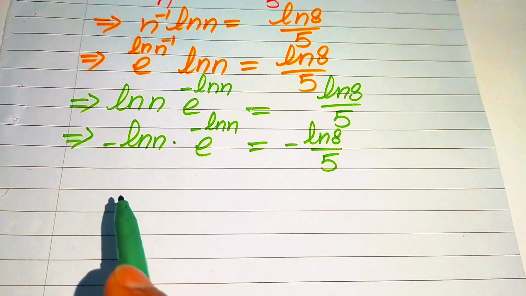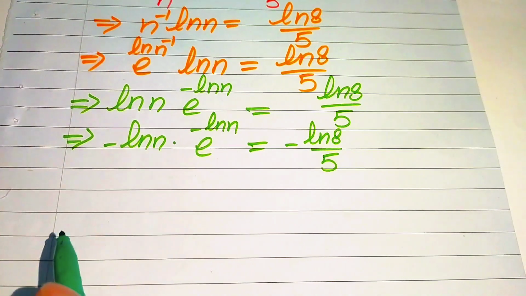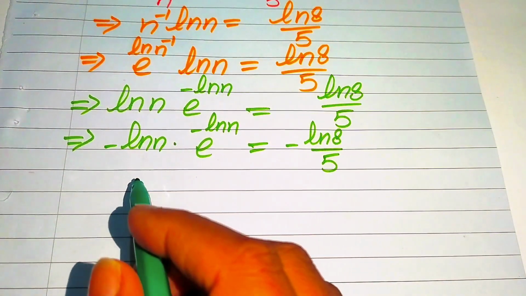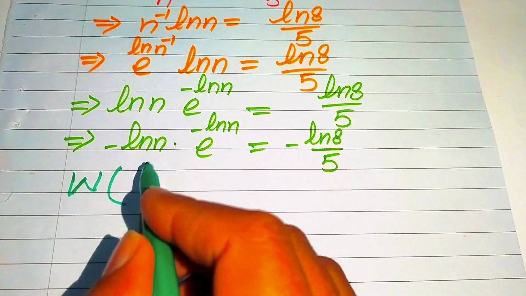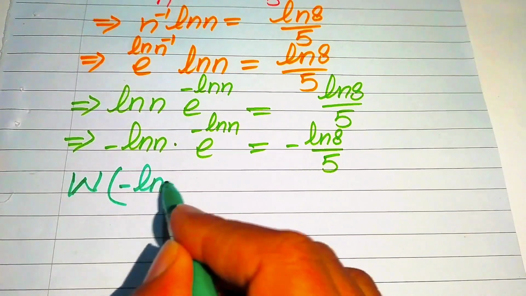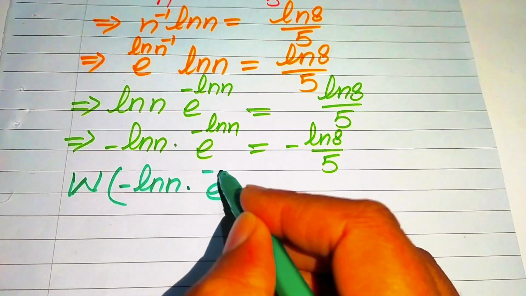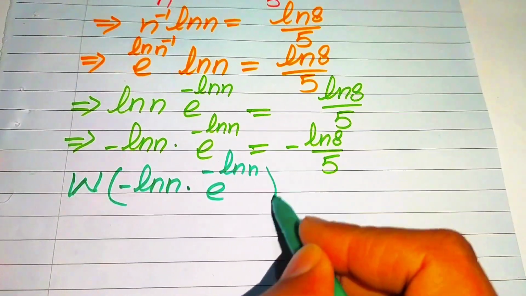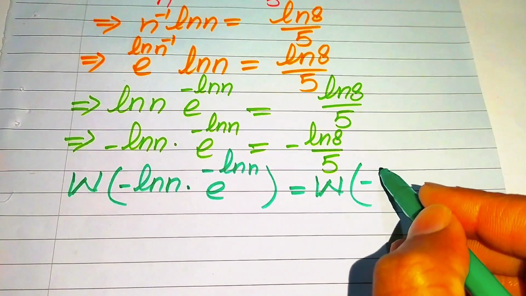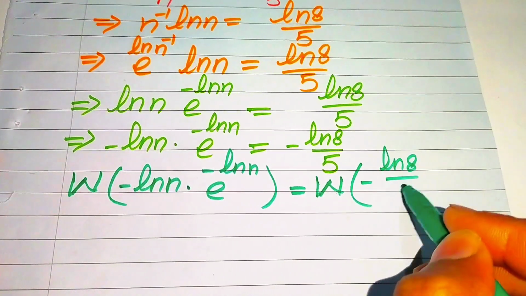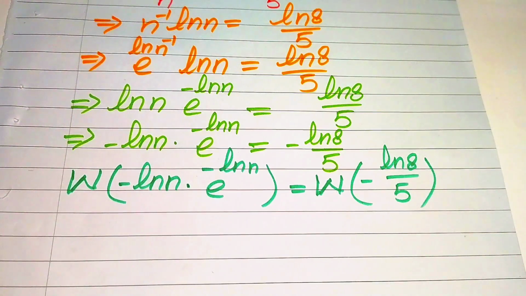In the next step, we have the left hand side in the standard form of the Lambert W function, so we are ready to apply it. We apply the Lambert W function on both sides, and we get minus log n multiplied by e to the power of minus log n, and W of minus log 8 divided by 5 on the right.